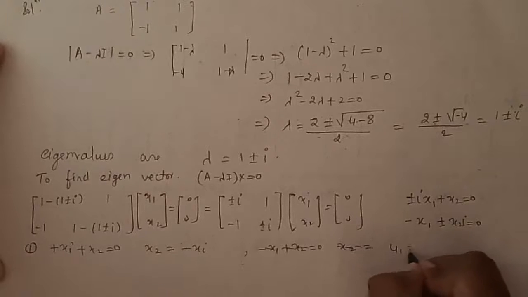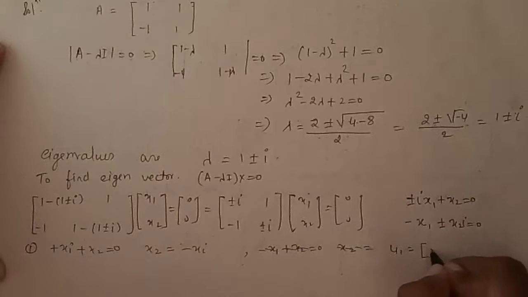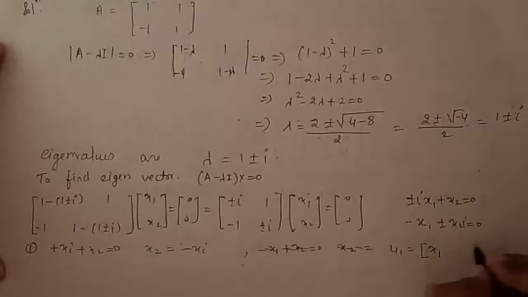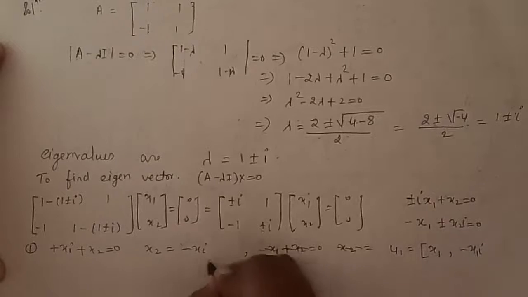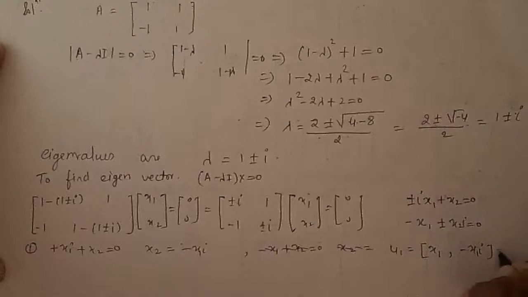So we have u1 is equal to x1 and x2 is nothing but minus of i x1. So we have x1 times (1, minus i), where x1 belongs to R.